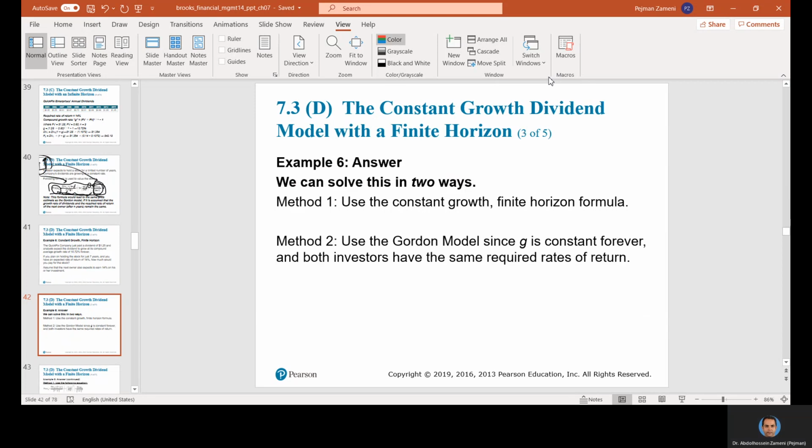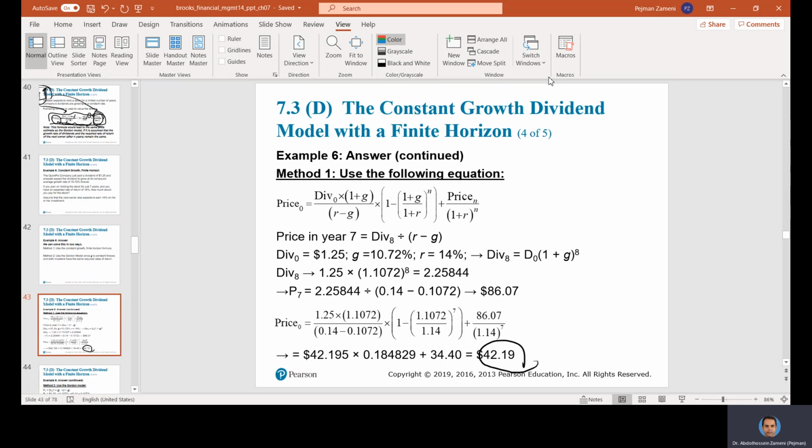Okay, we can solve this question with two methods. Method 1, use the constant growth finite horizon formula, and method 2, use the Gordon growth model. G is constant forever, and both investors have the same required rate of return. Let's see the first method. Okay, we have all the ingredients.